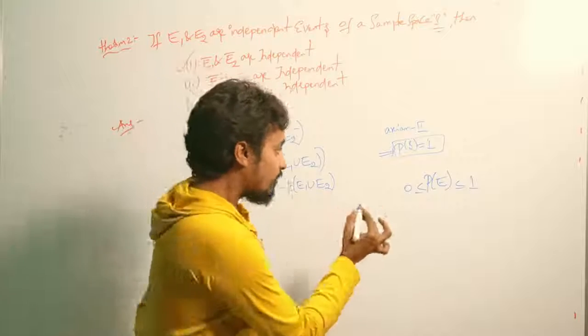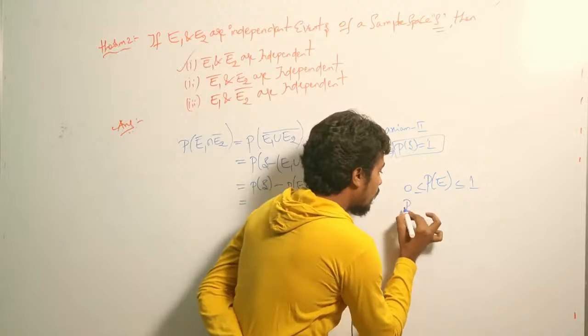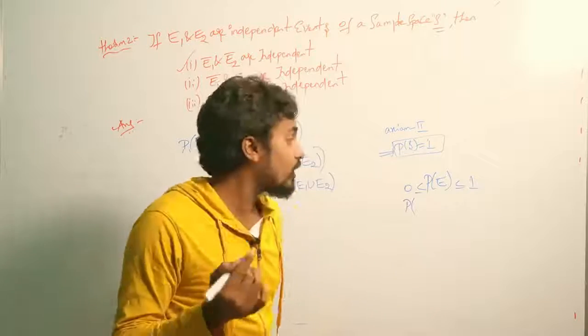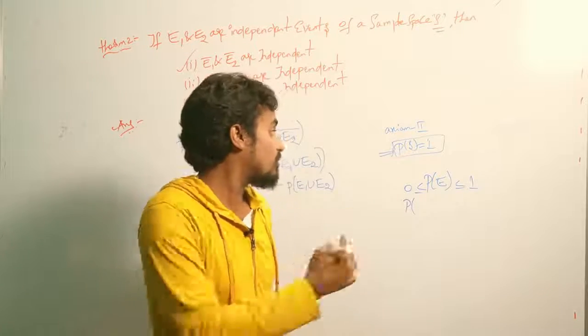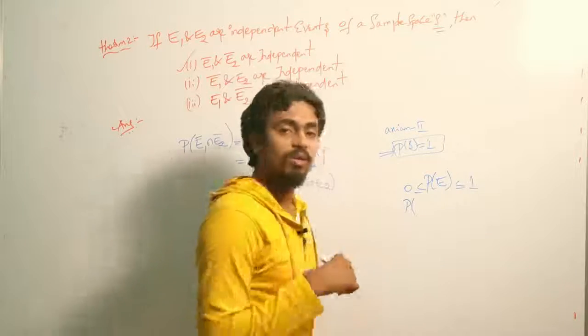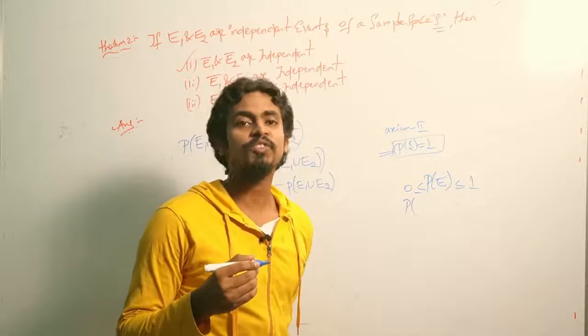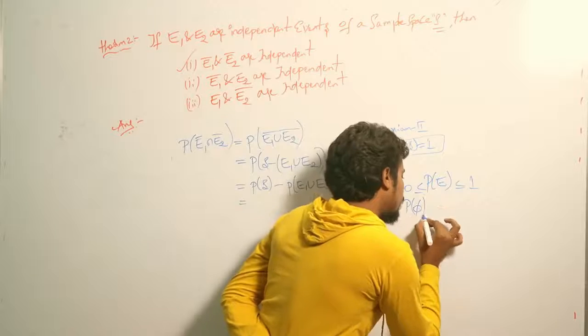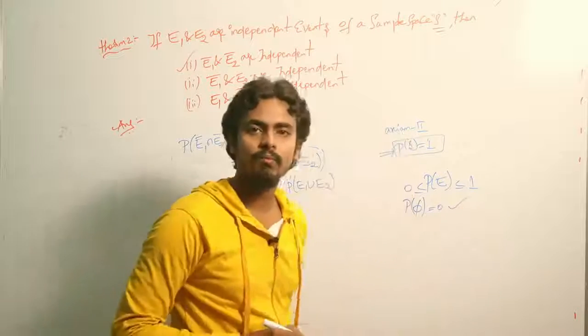For example, if I take P of, this will be 0. 0 means there will be no events present in the sample space of that experiment. No events means we represent it with the null set. The null set can be represented by phi, that will be equal to 0.